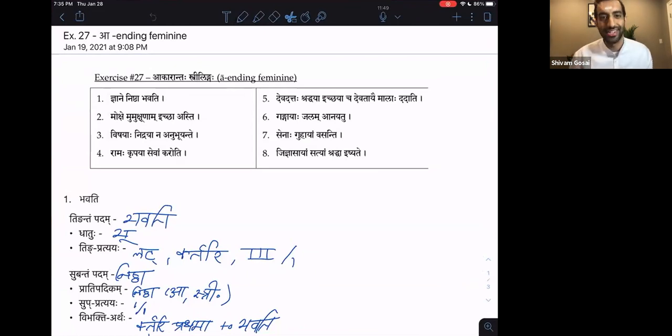Okay, so this is exercise number 27. Akarantaha strilinga. Okay, the word strilinga is a, no, sorry, it's a masculine word, lingaha, like Ramaha, Ramavat.